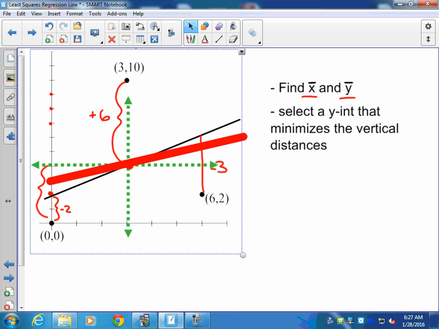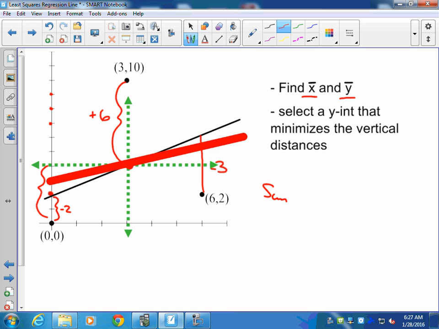So in that situation, what we have to do is square them. We would square the 3, square the 6, square the 3, and we would get 9, 36, and 9, or 36 and 18, which gives us a sum of 54, okay, which is the minimal amount that we can have overall.